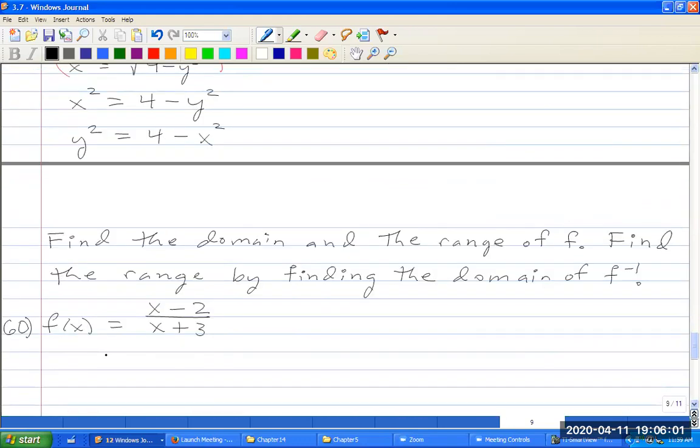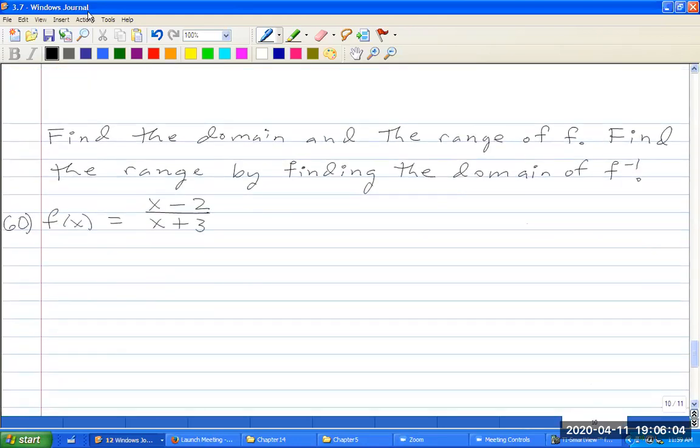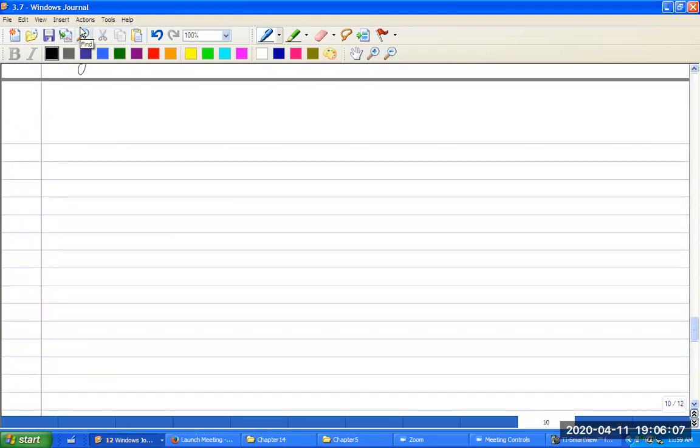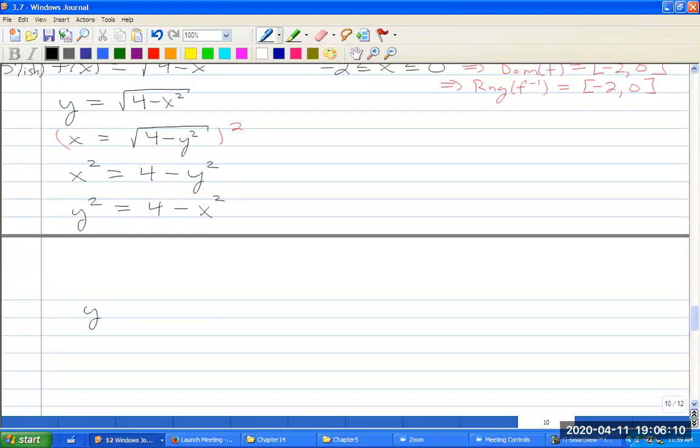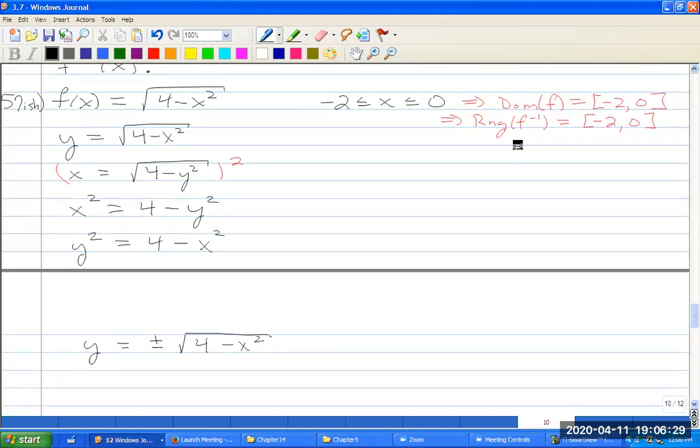And so, let's get another page. So I get that y is equal to plus or minus the square root of 4 minus x squared. Let's try to determine what the sign is. The range of my inverse function is negative 2 to 0. They're negative numbers. And so these y values had to be negative.